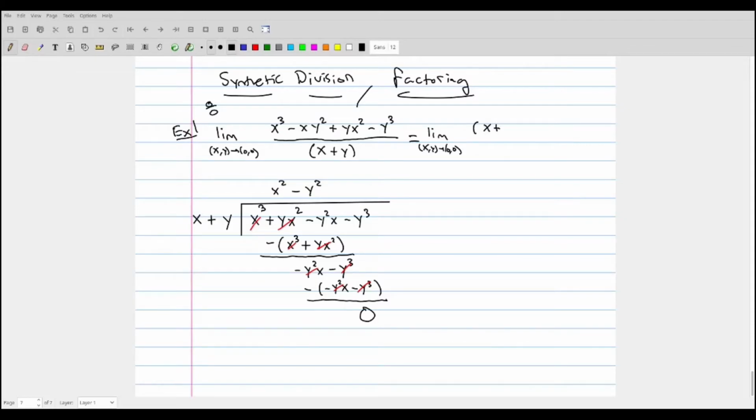Specifically, this numerator is equal to x plus y times x squared minus y squared with a remainder of 0. Which allows us to simplify this, as x plus y divided by x plus y is 1.